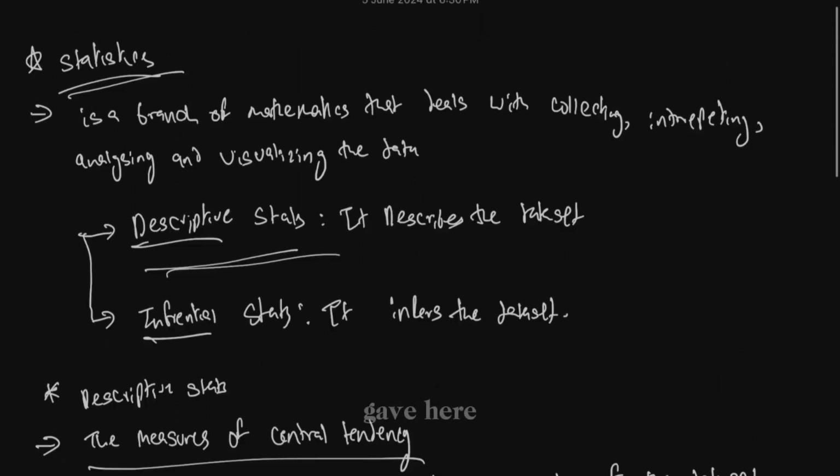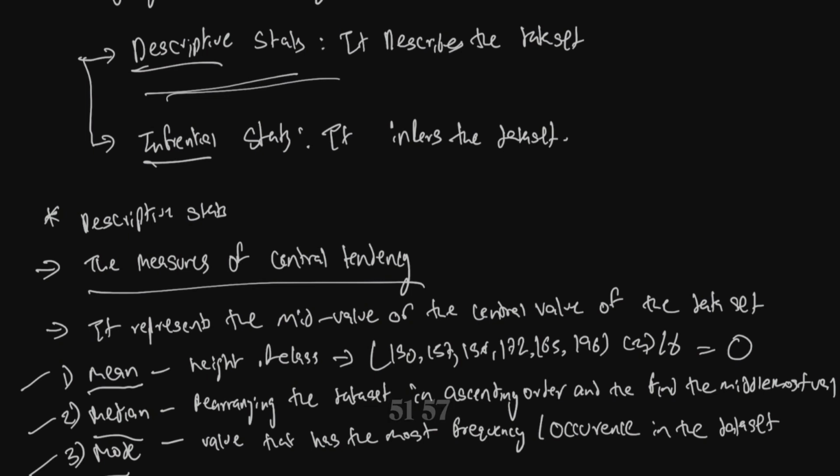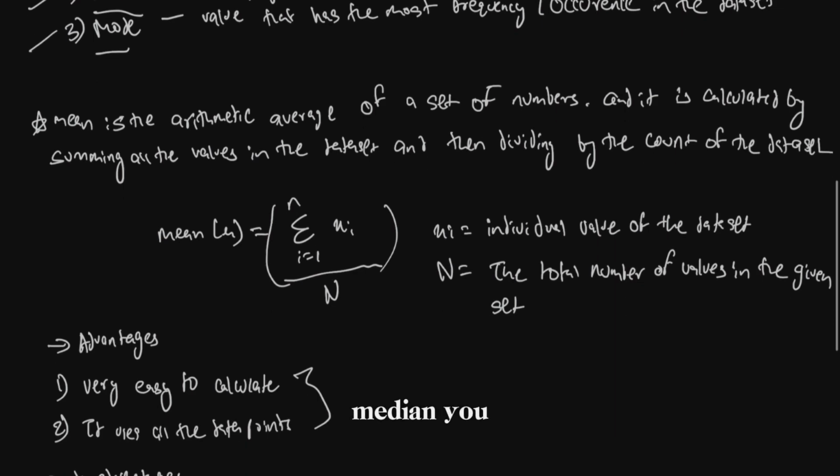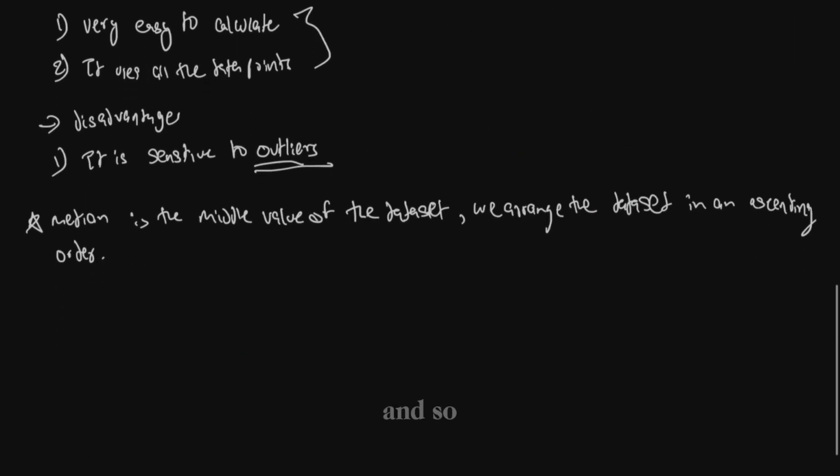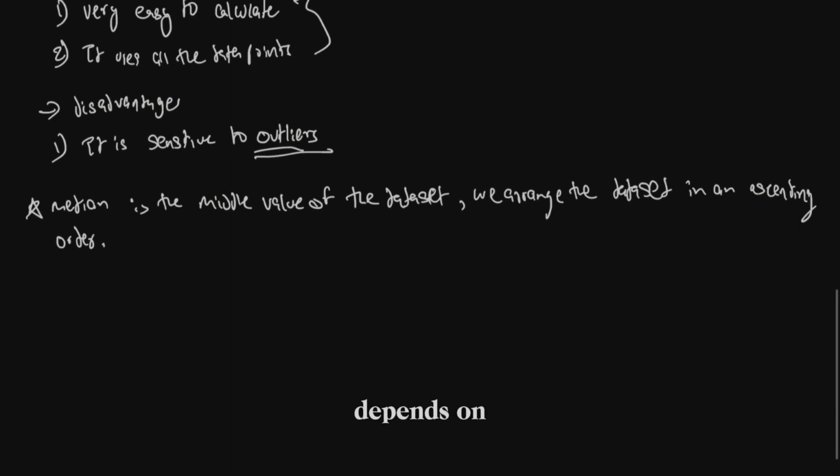For example, if we have 150, 157, 158, 172, 196 and 165, it could be arranged in any order, but it would not change the average of the data set. But in median, you need the middlemost value, and so we need to arrange it in ascending order to get the middlemost value.